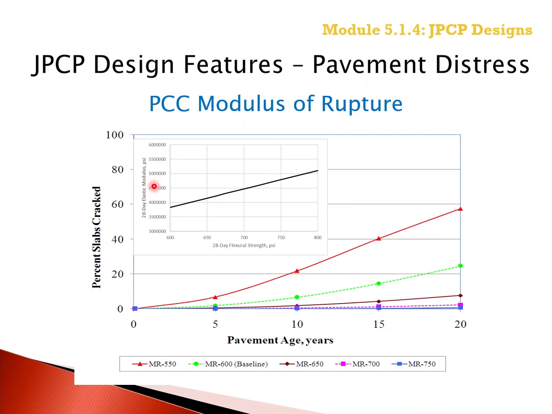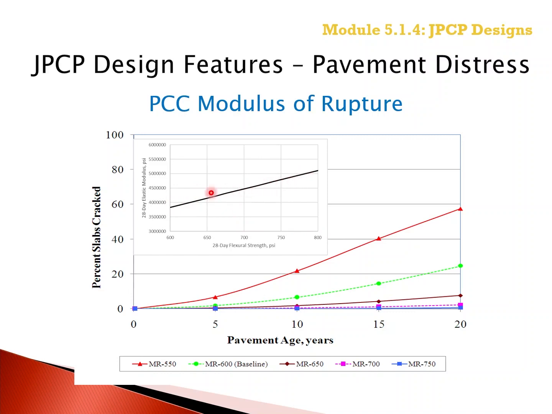The relationship or regression equation was included in Module 4.4.4 on the PCC material properties and will also be discussed in the next section of this module in greater detail. The percent cracked slabs increase with the lower flexural strength and lower elastic modulus.